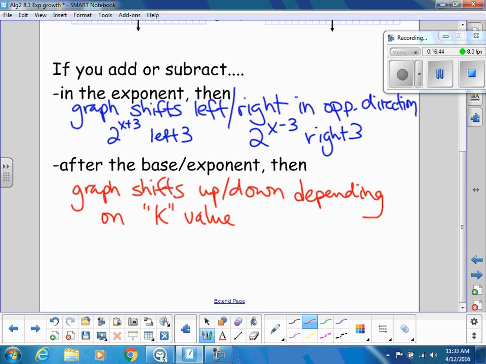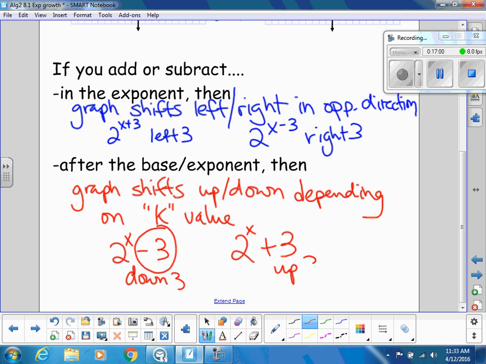So remember when we said it was like 2 to the x minus 3, the k value was minus 3, so it went down 3. If I had 2 to the x plus 3, like that, then it would be shifted up 3. Okay? Because our k value was a plus 3. All right, so that's what I need you to remember about exponential growth.